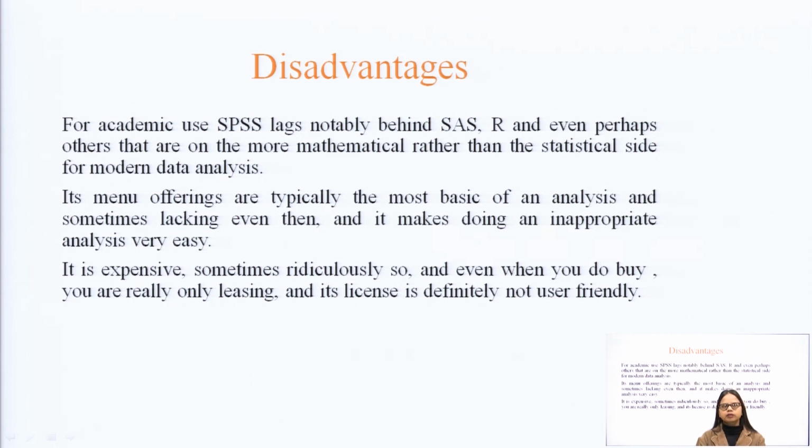For modern data analysis, what does it mean? It means that it lags behind SAS, and perhaps others that are on the more mathematical rather than the statistical side. The disadvantage of SAS is that it is more mathematical rather than statistical, but we are using SPSS for statistics.